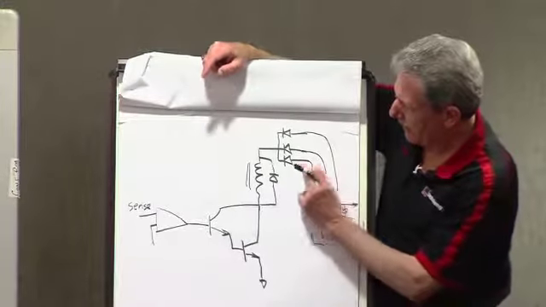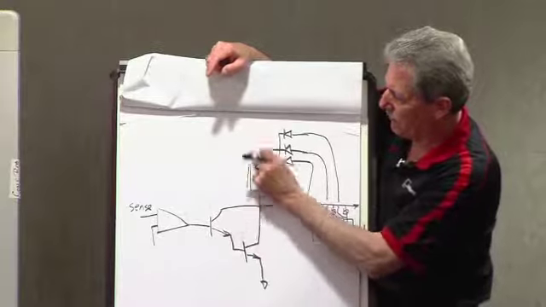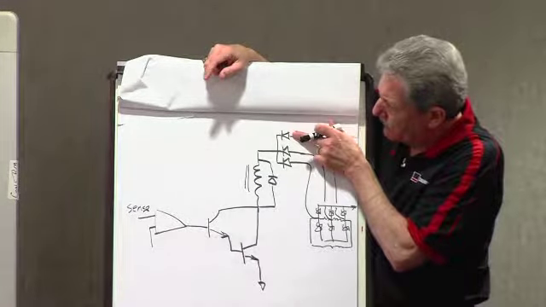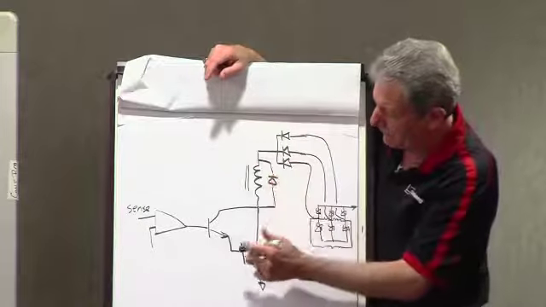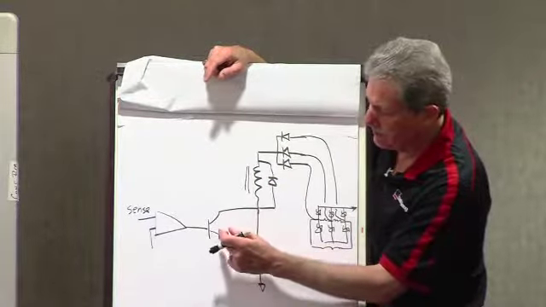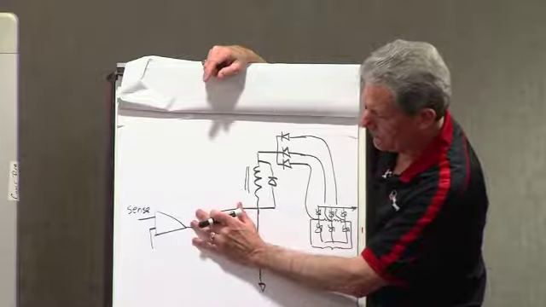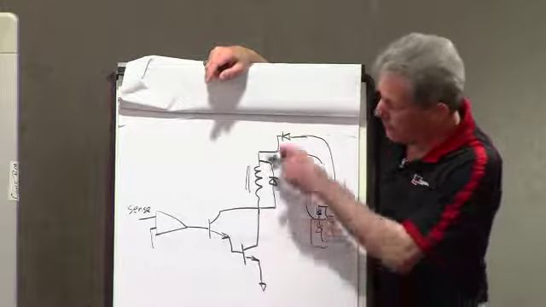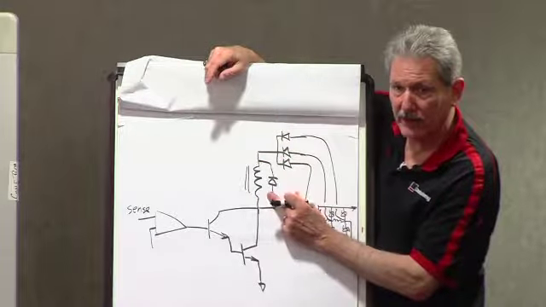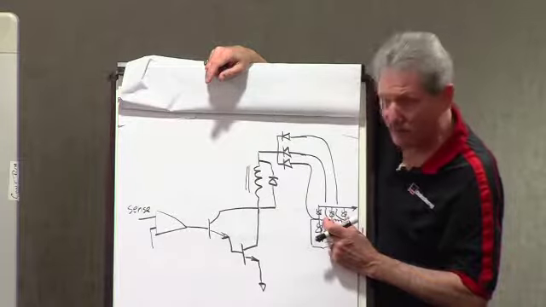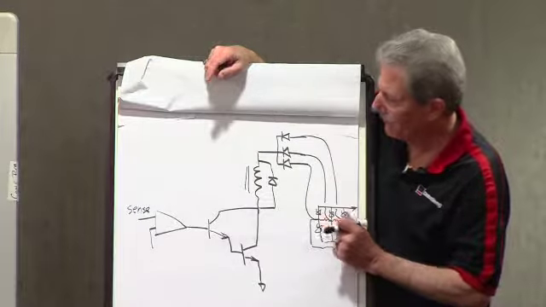So again, you've got three phases that are pushed from the diode trio into the field. Just assume this is a switch that goes to ground. So when this switch is closed, current flows through the field. When that happens, it induces a field into the stators, which makes the juice.